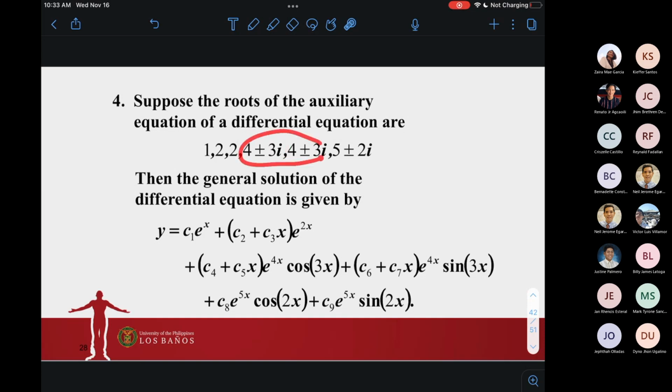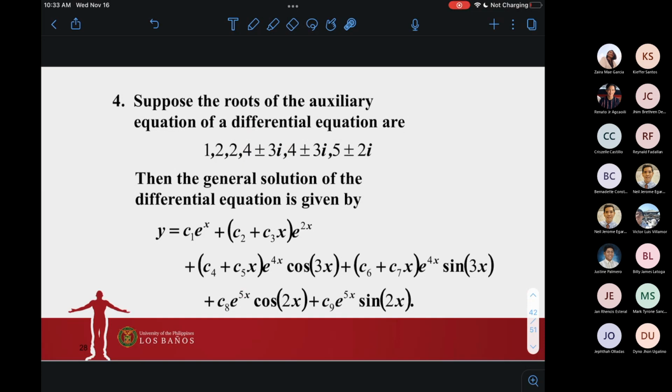Kasi naulit siya. So dahil root of multiplicity 2 yan, magkakaroon tayo ng linear factor para dun sa corresponding solutions. So meron kang linear factor dito, C4 plus C5x.